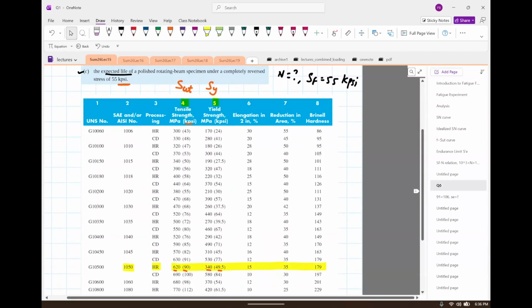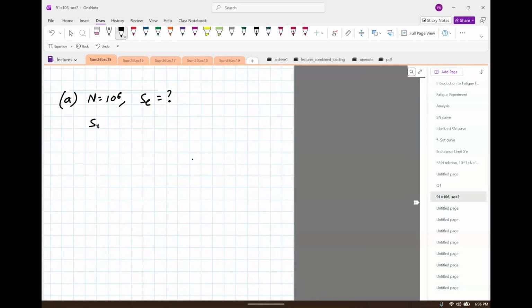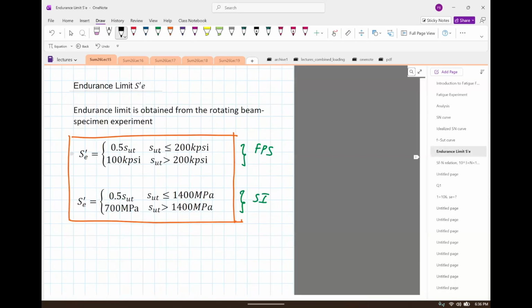So let's see what SUT is for 1050. So we have 90 kpsi. So we'll write it down. SUT is 90 kpsi. I'll write SE prime. From here we have, if SUT is less than 200 kpsi, then SE prime is 0.5 SUT.